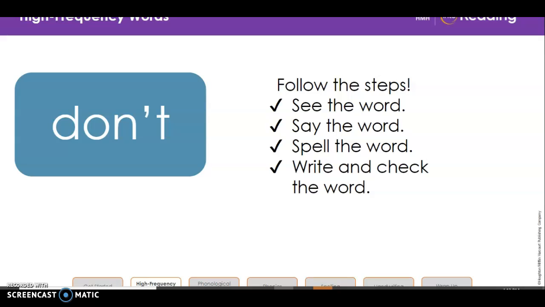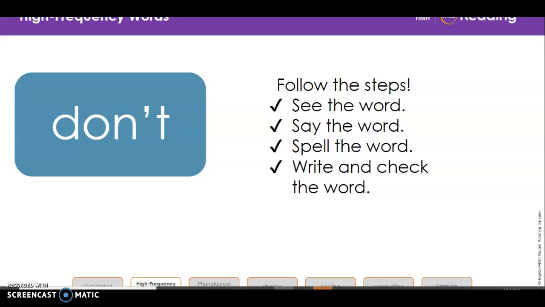Blend with me. D-O-N-T. Don't. Now skywrite the word don't. D-O-N-apostrophe-T. Try to write it without looking. D-O-N-apostrophe-T.